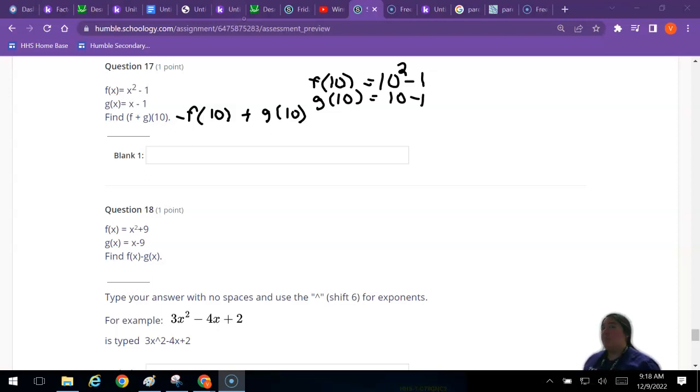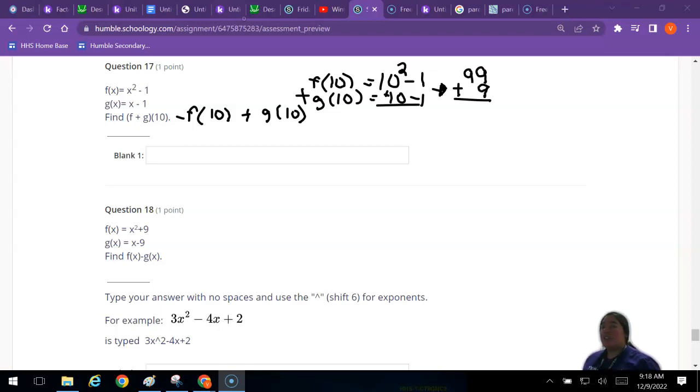Okay? So the easy way to do this is, what's 10 squared? 100, right? Subtract that one. What's 100 minus 1? 99, right? And since they're adding, what's 10 minus 1? 9.